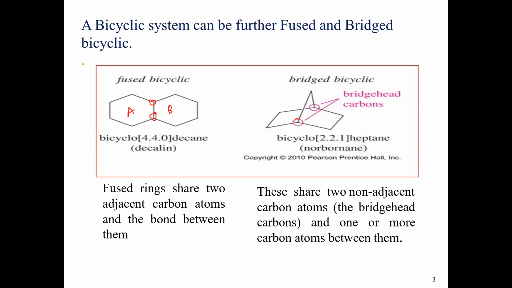These 2 carbon atoms are non-adjacent. They are the bridgeheads of the bridged bicyclic system. In the nomenclature of the bicyclo system, there are 2 rings: ring A has 4 carbon atoms, 1, 2, 3 and 4, and 3 carbon atoms are present on the B ring. And 0 atoms are present between this carbon and this carbon.